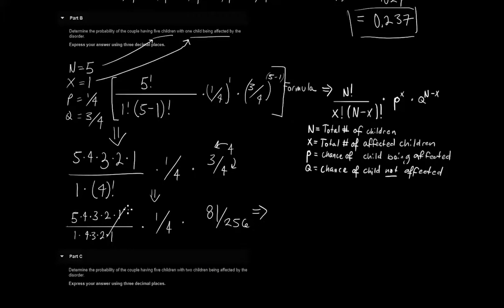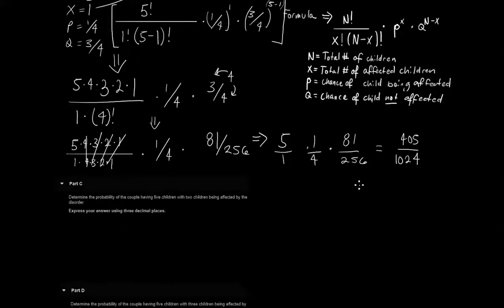Simplify, crossing out these 1s, these 2s, these 3s, these 4s. What we're left with is 5 over 1 times 1 over 4 times 81 over 256. When we solve this out, we get 405 over 1024. When we simplify that, the answer is equal to 0.396.